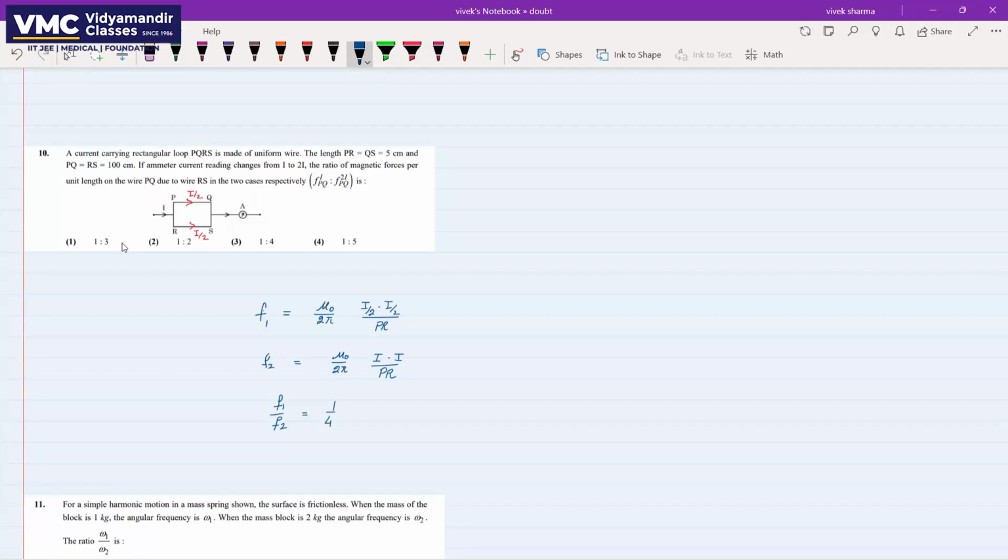Current twice हो गई है, force will become 4 times, so correct option will be 3.